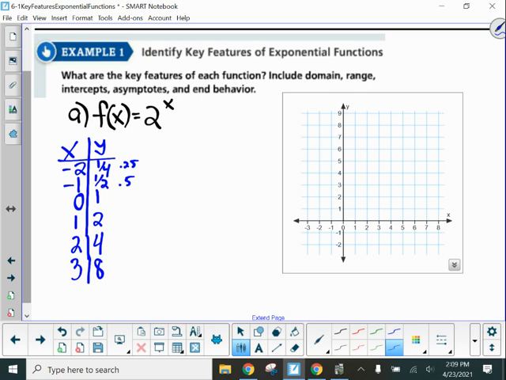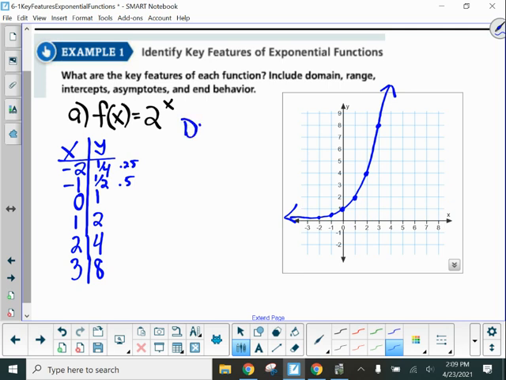So -2 gives us a fourth, about right there. -1 is 1/2, 0 is 1, 1 is 2, 2 is 4, and 3 is 8. So this is going to look something like this. And you can check this on Desmos or the graphing calculator to make sure that this is what it's supposed to be.